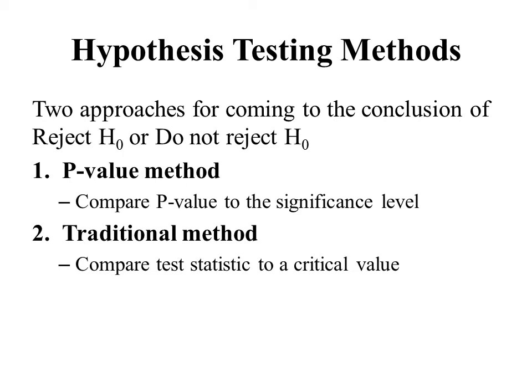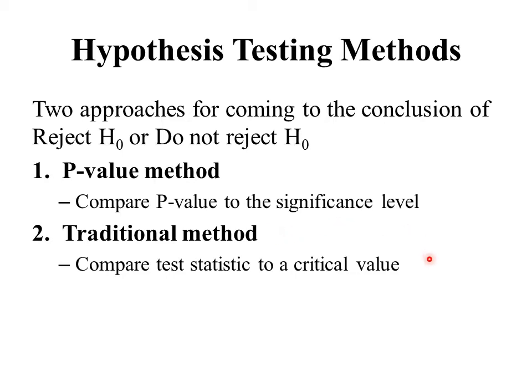There are two different methods or approaches for coming to that technical conclusion. The one that we've always used in the lessons is called the p-value method, where we calculate a p-value, which is a probability, and then we compare that to the significance level, which is typically alpha equals 0.05. The other method we call the traditional method, or maybe the critical value method, and this is the method that the book often used.